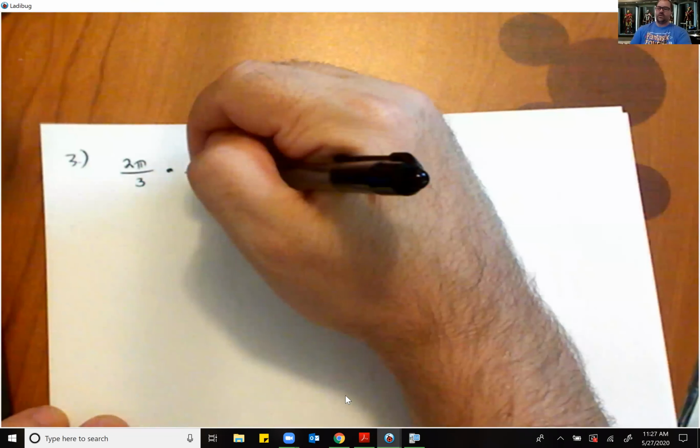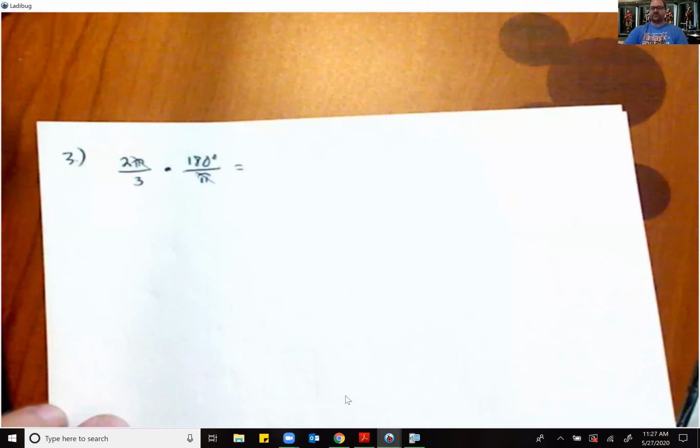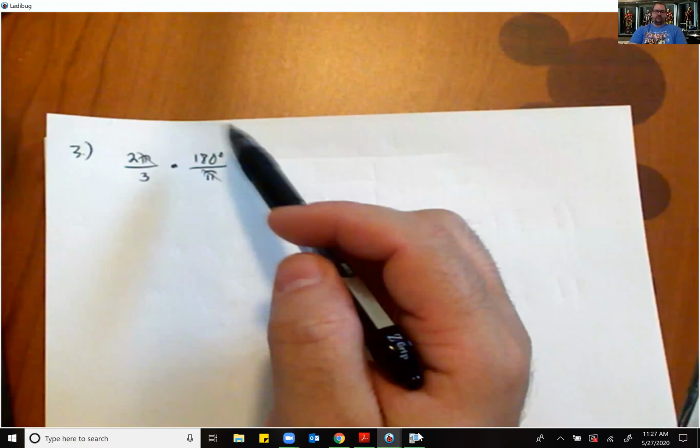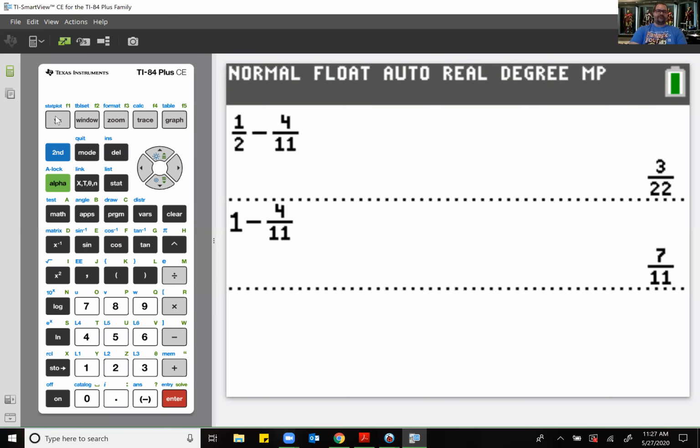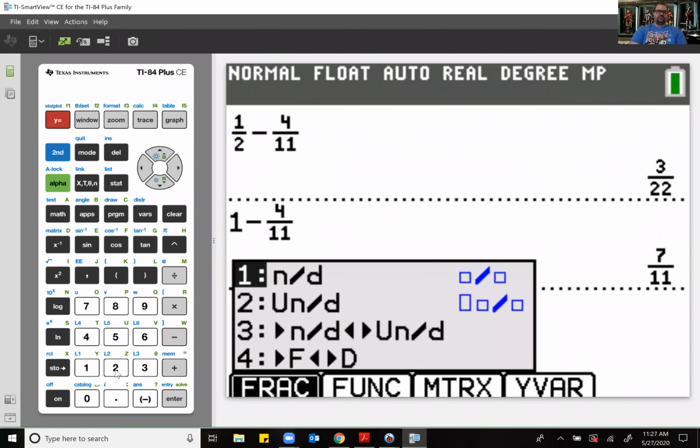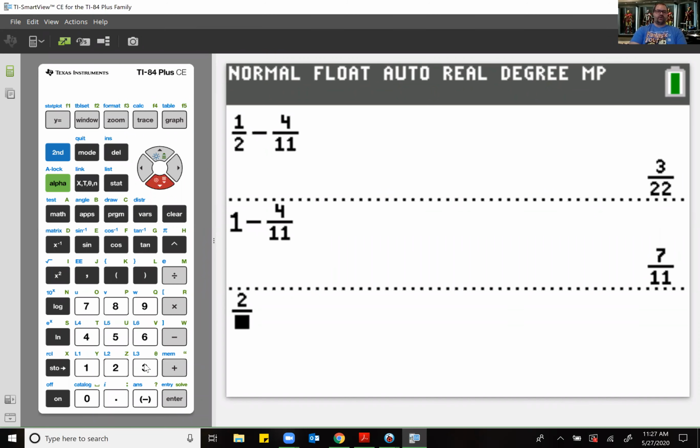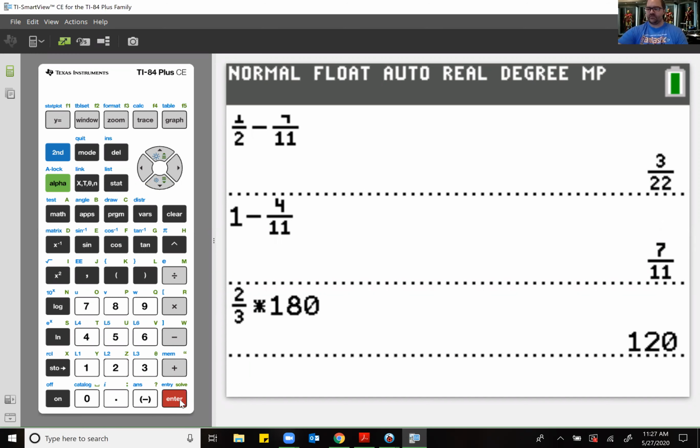Really what's going on is we're taking 2/3 times 180. Just go to your calculator, 2/3 times 180. There's the answer: 120 degrees. That's what they wanted. That's it.